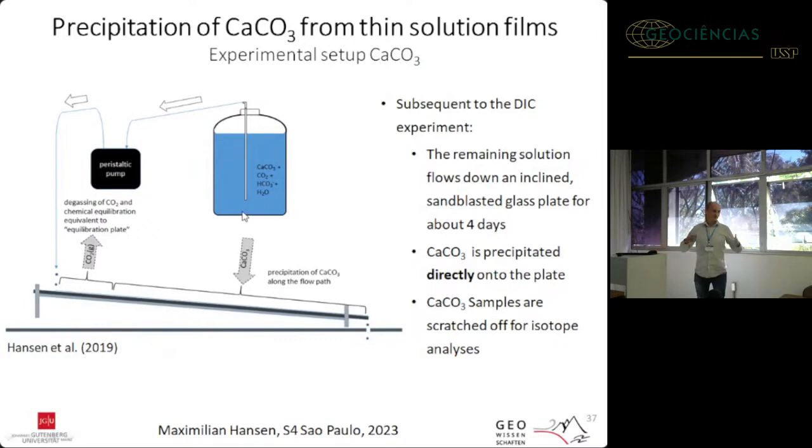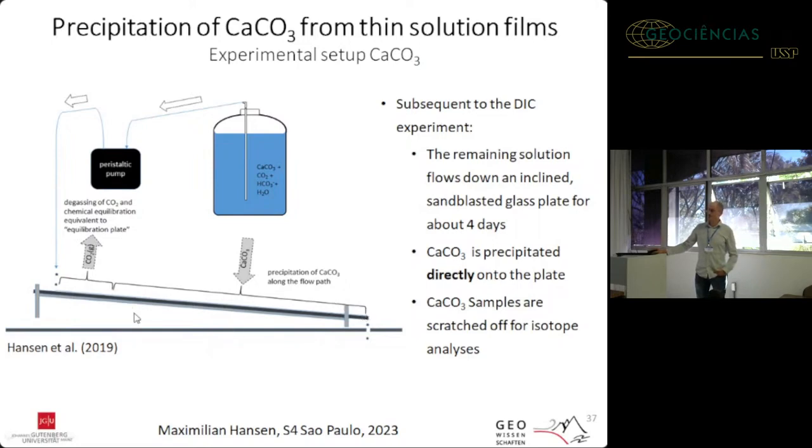So the DIC experiment ran for about 1 day, and then the second experiment, the calcium carbonate experiment, runs for about 100 hours, depending on how much solution was left. And during this experiment, we enlarged the distance of flow by the equilibration distance we determined on top of the small marble plate, so we got the degassing of the excess CO2, and then we have the precipitation of calcium carbonate.